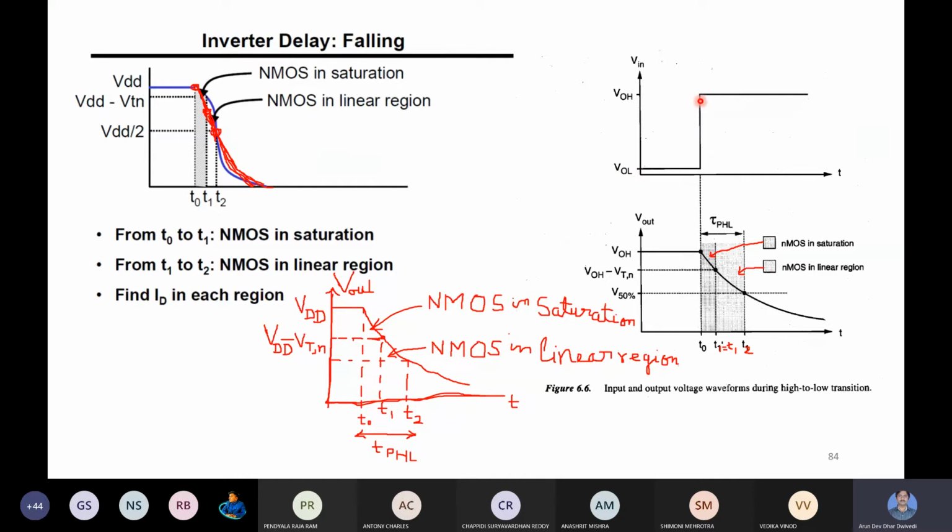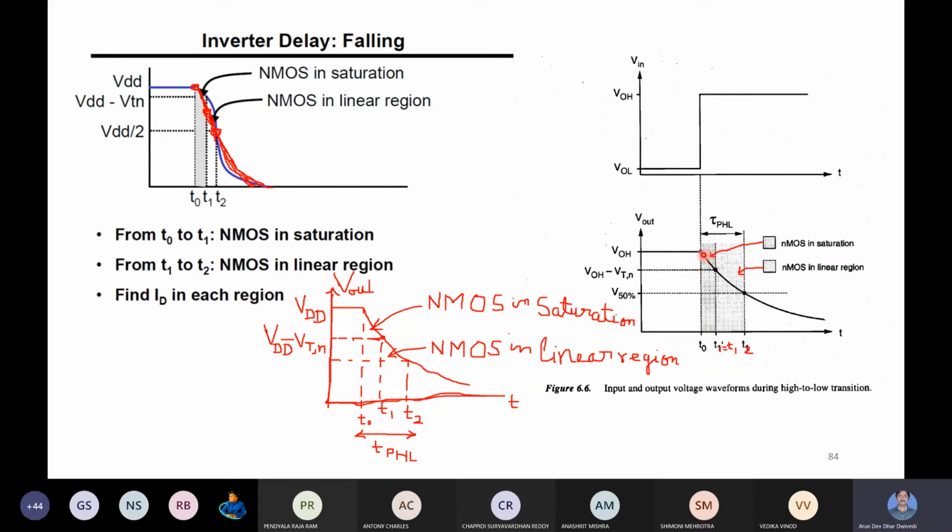We are considering that it is switching without any delay. If it is a pulse which has no significant delay, it is switching from here to here without taking any time, we can assume. At the same time, the output will start falling because the input is now high.